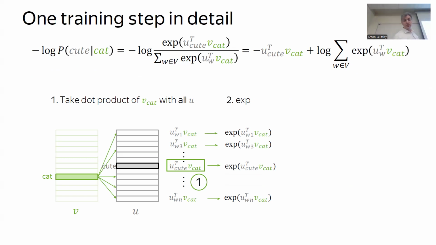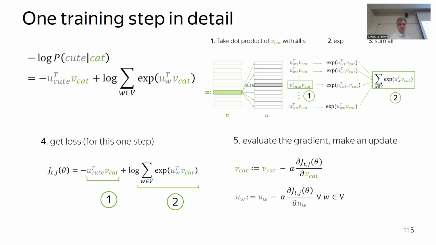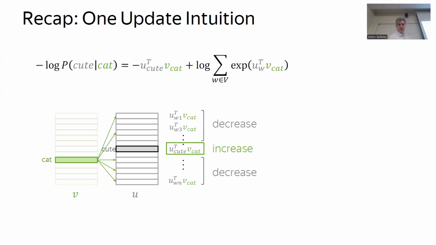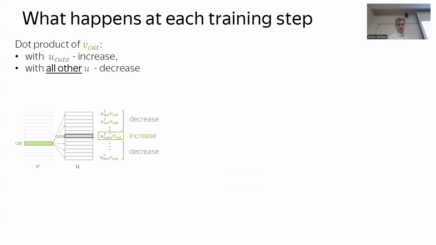But it's just some training details. On every step of gradient descent, we will improve only one of these mutual probabilities of these word pairs.